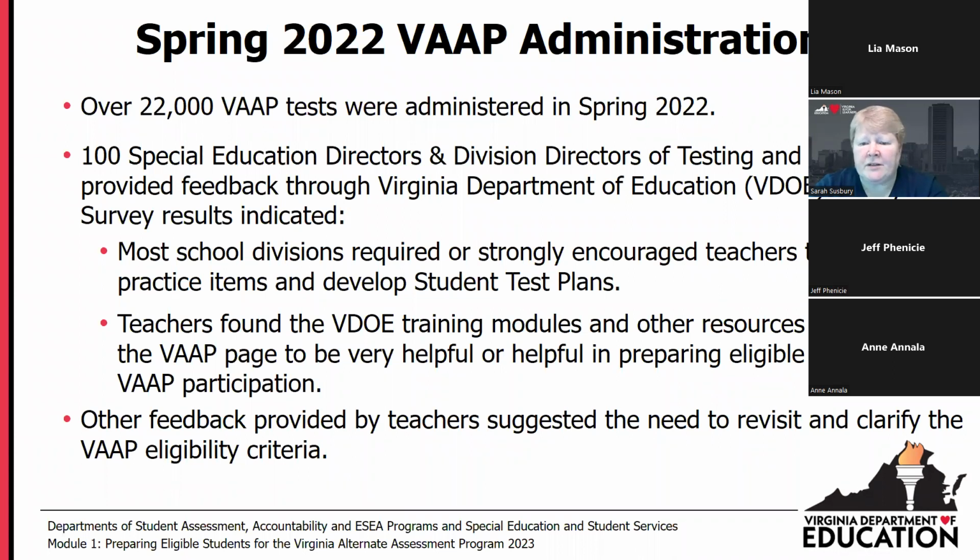Teachers also found that the training modules that the department offered and the other resources that we had on the VAAP page were helpful to them in preparing to administer the assessment, and also in preparing their students to take the assessment. So we'll talk to you about those resources today. And then some of the other feedback that we received through these surveys applied to needing to revisit or clarify the VAAP eligibility criteria.